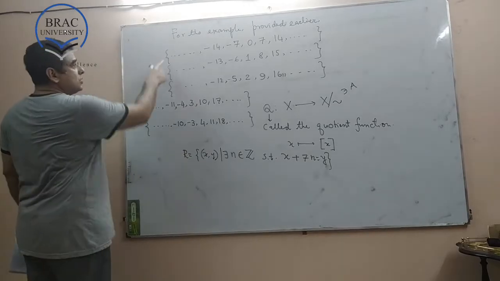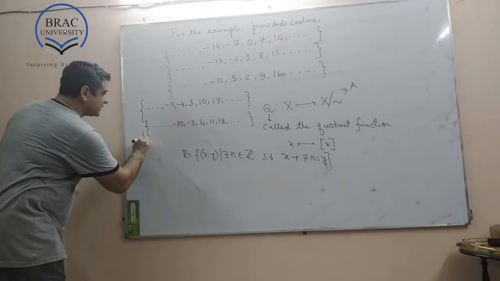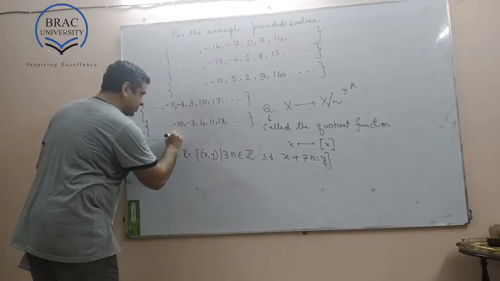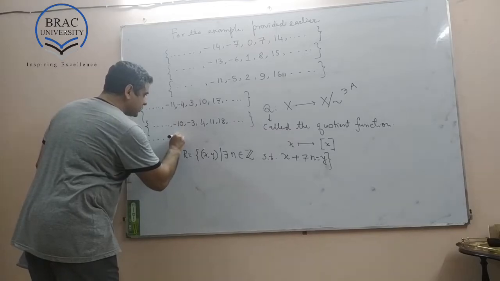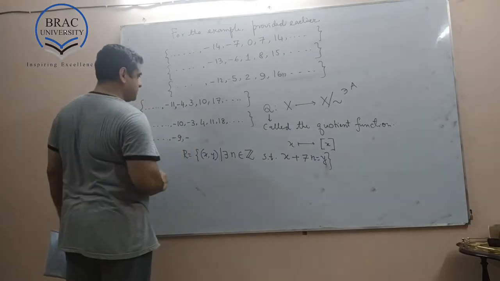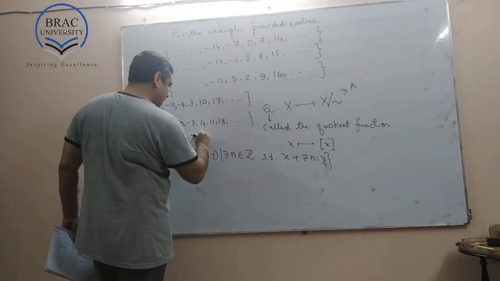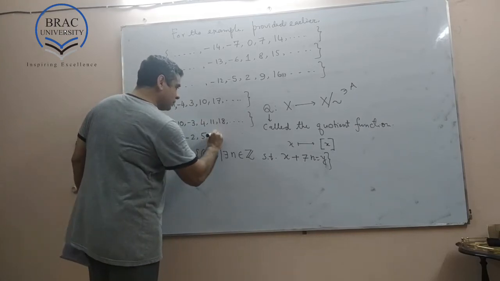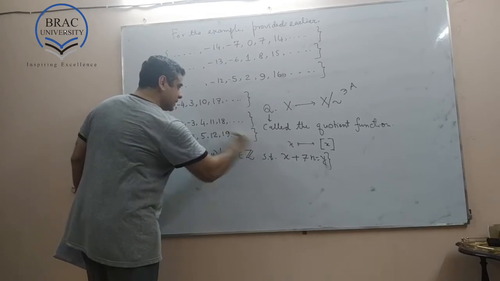And 1, 2, 3, 4, 5. That is the sixth one. I'm writing down all the equivalence classes in this case. If you add 1 to it, it's going to be -9. Then -2, then 5, then 12, then 19, and it goes on like that.